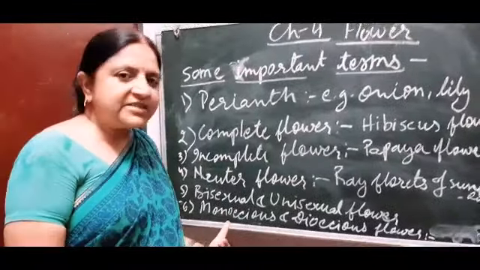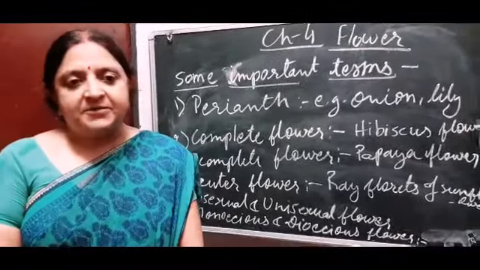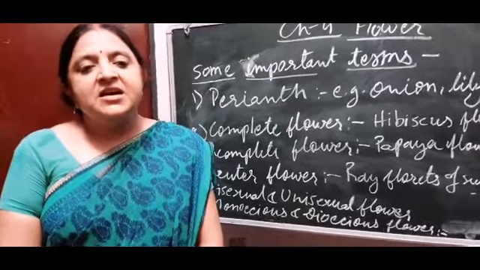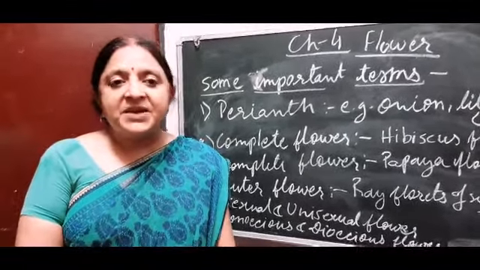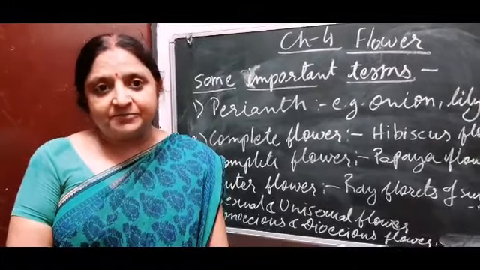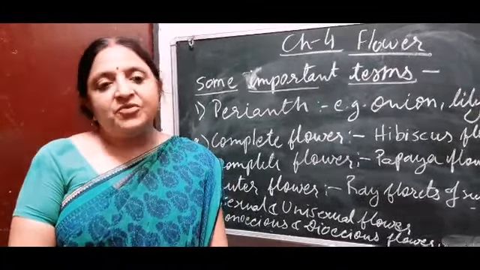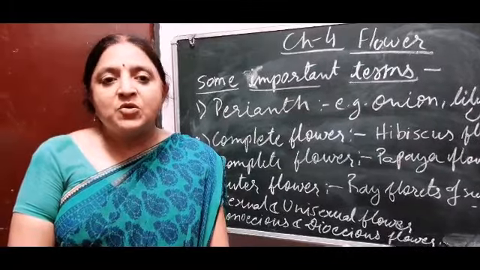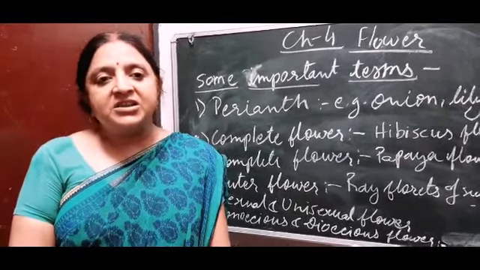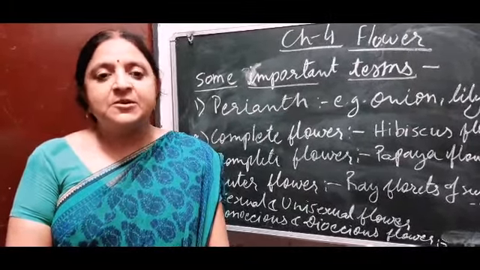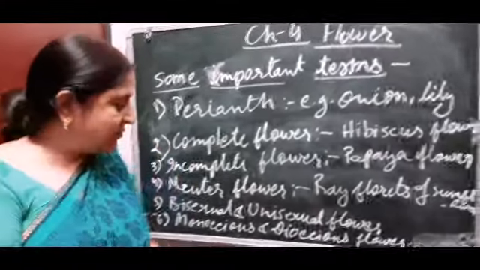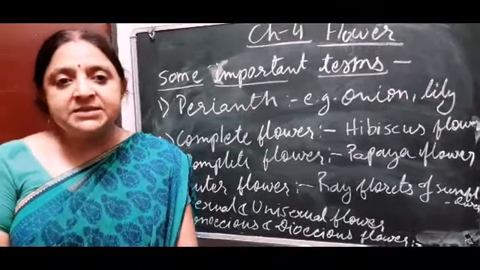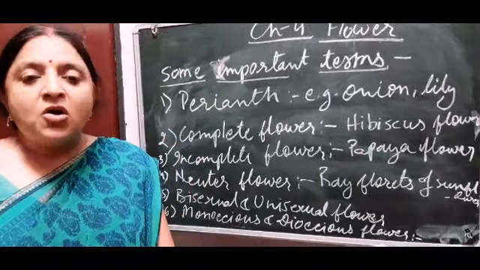After that, the next condition is the monoecious flower. If male and female flowers are present on a single plant, that type of plant is called a monoecious plant, and the flower is called a monoecious flower. The example of a monoecious plant is corn.